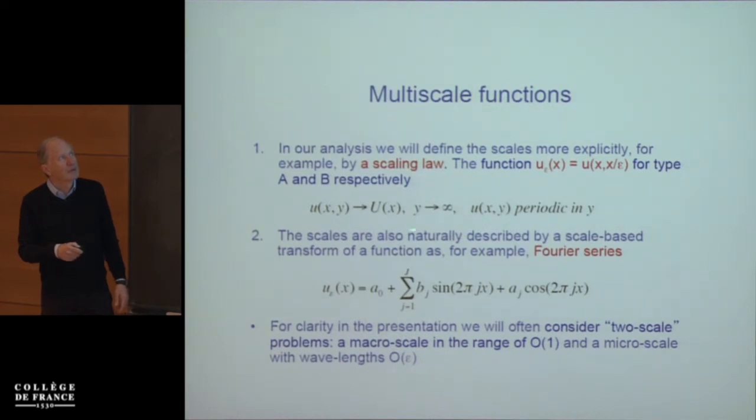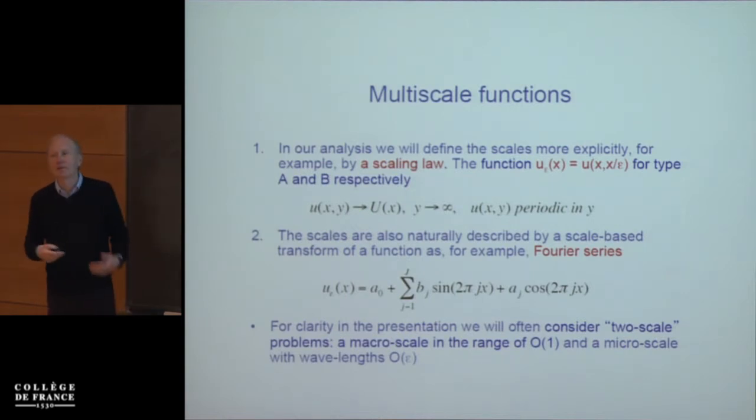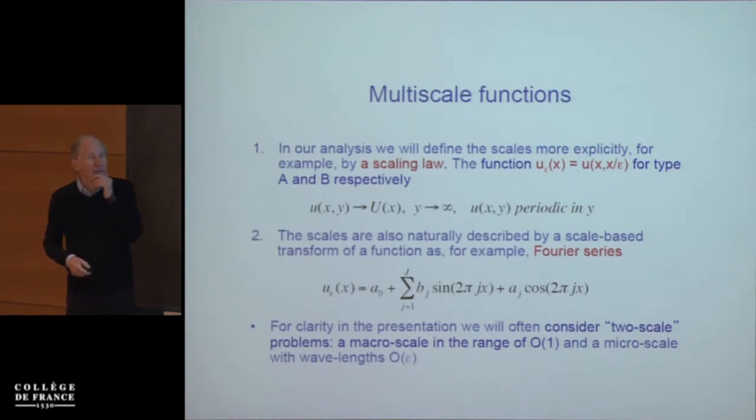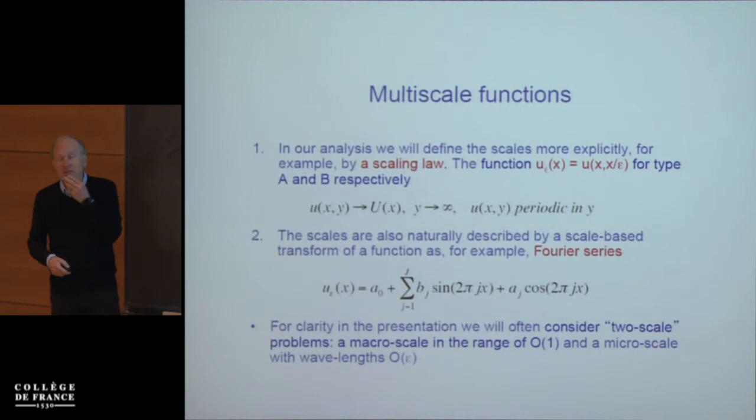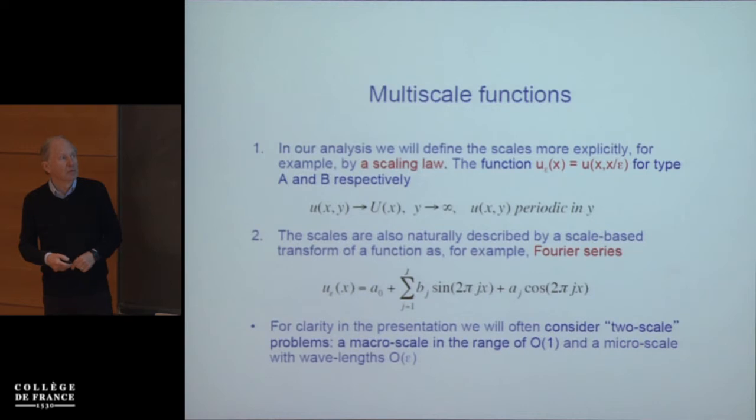If you have a law where it goes to a constant with respect to the second variable, we get a boundary layer, or initial layer in this case. So one thing is things like scaling laws. The other one, to pin it down in a more mathematical way, is to get an expansion where scales appear explicitly, like in a Fourier representation or wavelets or something like that.